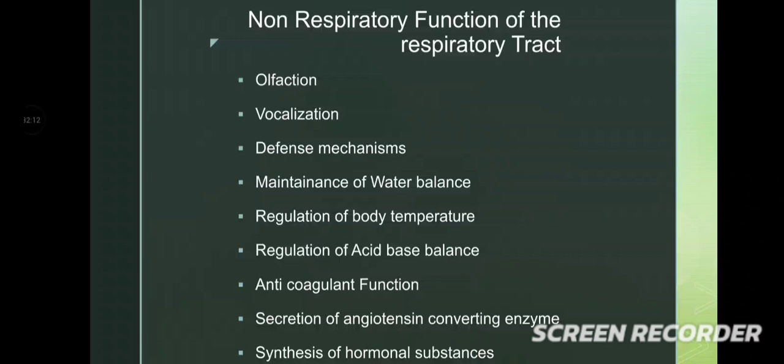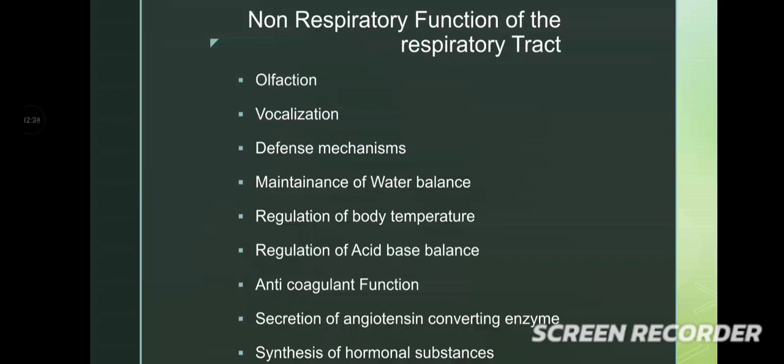Carbonic acid. And since carbonic acid is unstable, it splits into hydrogen and bicarbonate ions. So as the carbon dioxide, since it's a volatile gas, it is practically blown out by what? Ventilation. So it is via that mechanism that it's able to regulate that.